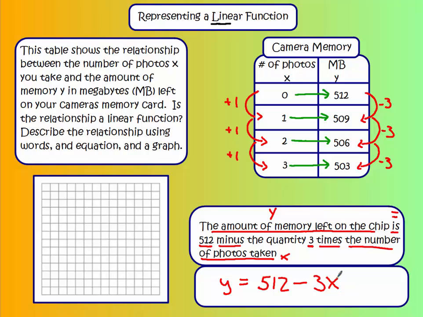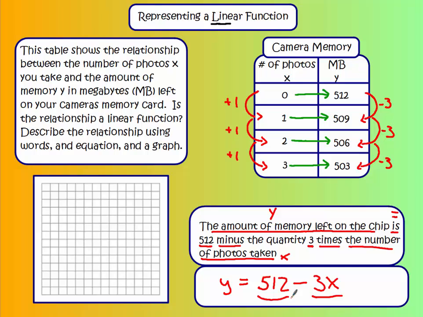And if you remember a little something from 8th grade from last year, you'll remember there's something called y equals mx plus b, and that's the equation of a line. And right now, I have the equation of a line going on here. I have y equals, here's my mx piece, and here's my b piece, just in a different order. So this is definitely going to be a linear function.